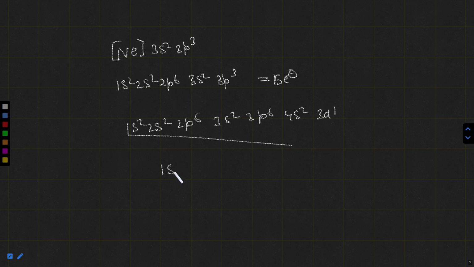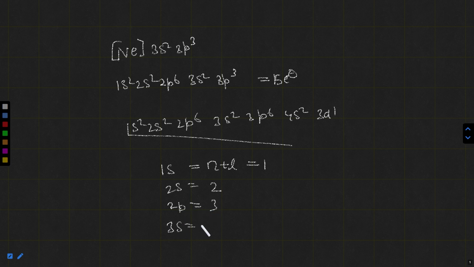So if you want to validate this configuration order, then you can calculate the n plus l values for each of them. For 1s it will be 1. For 2s it will be 2. For 2p it will be 3.